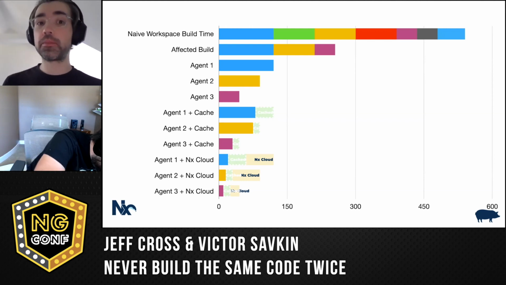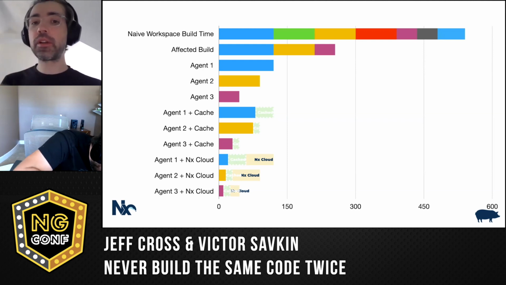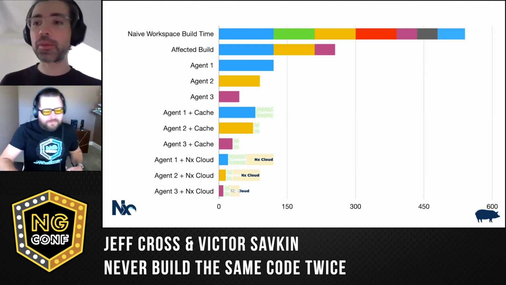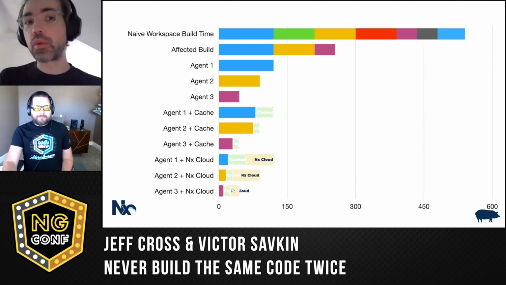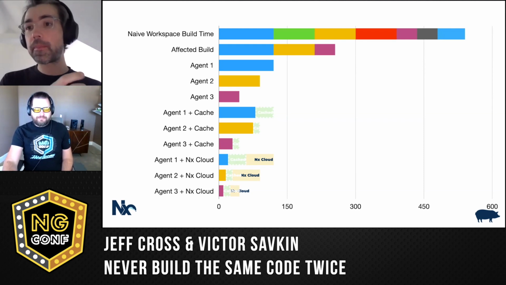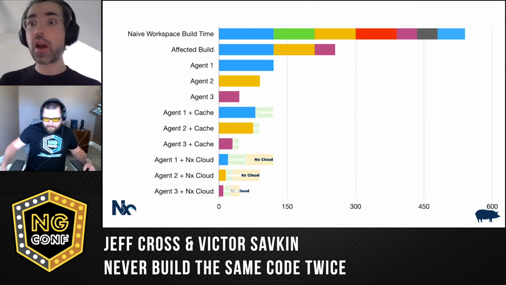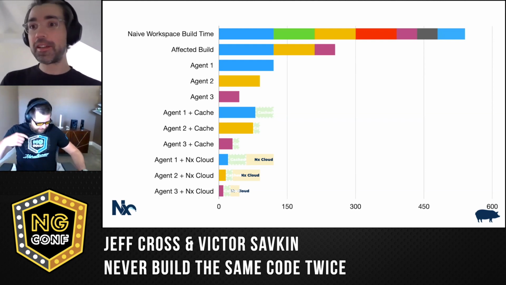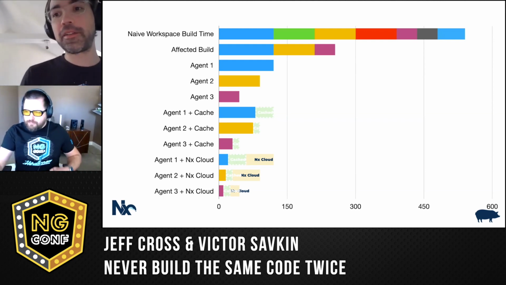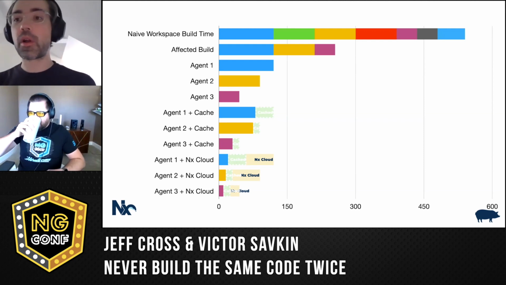So if you look at those bars, of course, it's pseudo data. We don't know what those bars correspond to. But it's not unthinkable to imagine going from a naive workspace situation where you can wait like 10 hours to validate a PR, if you have a large workspace and do it naively. If you go to affected, you can reduce it to maybe an hour.